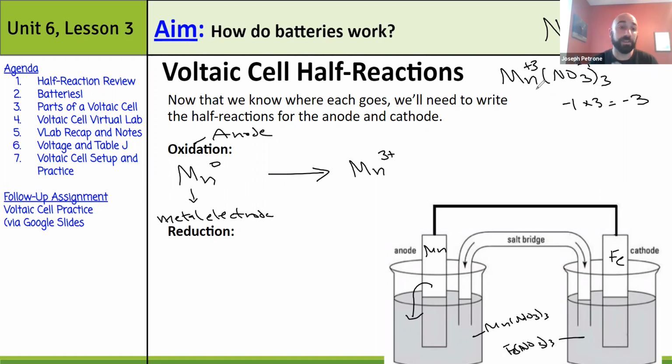Manganese, one of the potential oxidation states is +3, and that's what fits here. So just a reminder, the metal electrode gives us this Mn0, and then it's turning into the manganese ion in solution. So that's floating around it. So we're adding more into this.